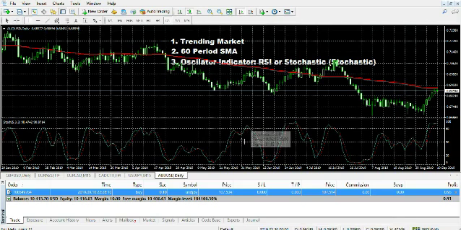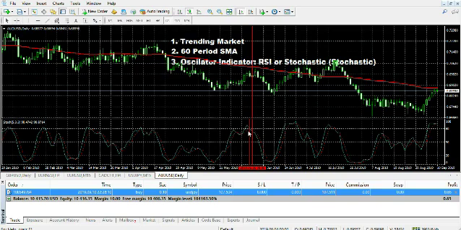So we're looking for the oscillators to pull up to this point. That's one. And then the next thing is we are looking for the oscillators to actually cross at or around that oversold area.